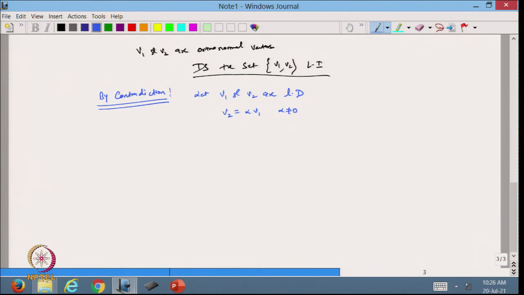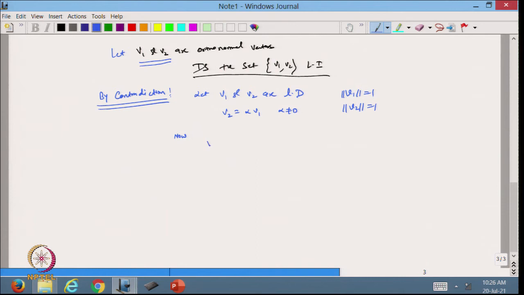Okay. So I am taking V1 and V2 any orthonormal vectors, so it means that the magnitude of V1 is 1 and of V2 is 1. So let V1 and V2 be orthonormal vectors.